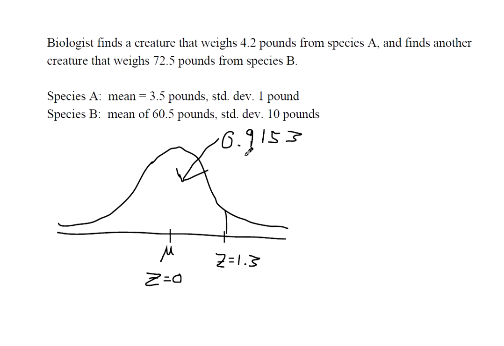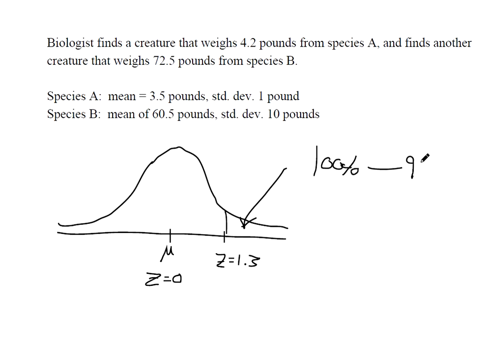That means 91.53% of the population has a value that's less than the one that we just tested. The species would have a smaller weight. So this species is better than roughly 92% of the population. But to get the right-tailed value, that's just simple arithmetic because there's 100% of the species we're dealing with. If 92% was to the left, then 8% is to the right. So that's what we do with those probabilities.